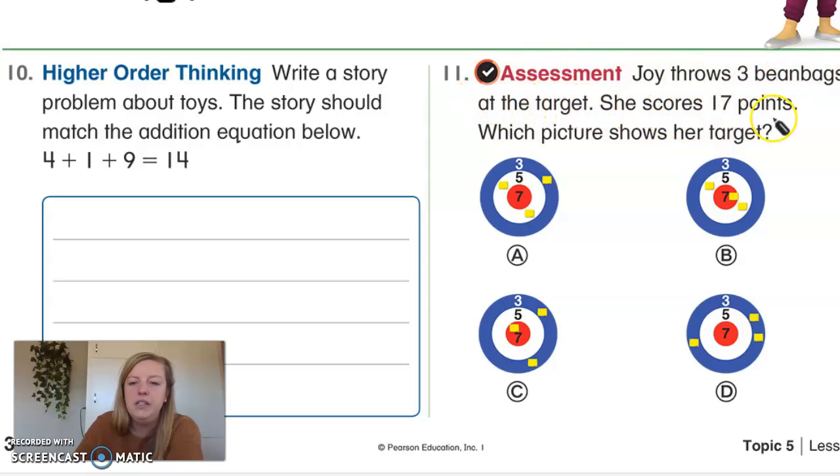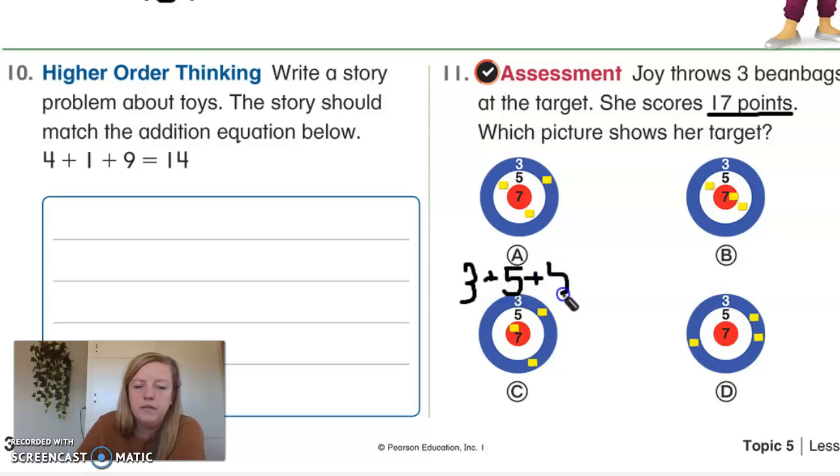And number 11, Joy throws 3 beanbags at the target. She scores 17 points. Which picture shows her target? So we have to add up how many points she got for each of them, but remember we want to get to 17. So this one would be 3, you see the yellow beanbag in the 3 ring, plus 5, plus 5. Well, 5 plus 5 is 10, and 10 plus 3 more is 13, so nope, that one doesn't work.